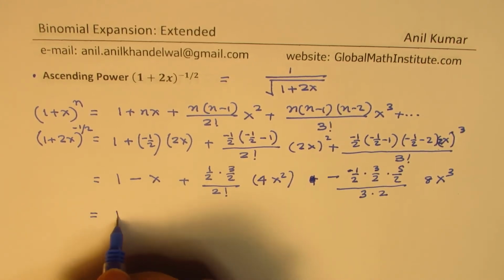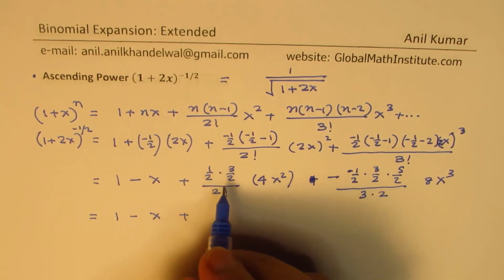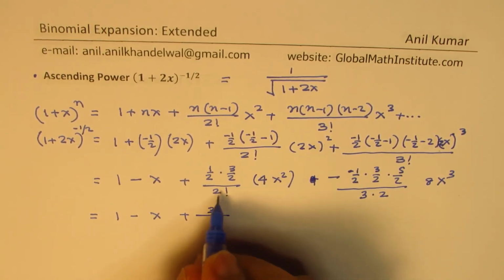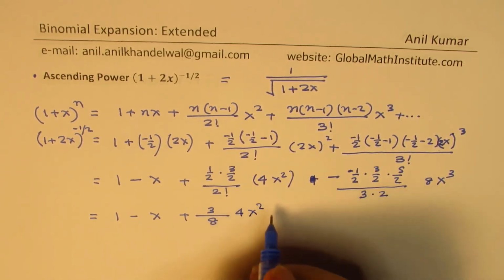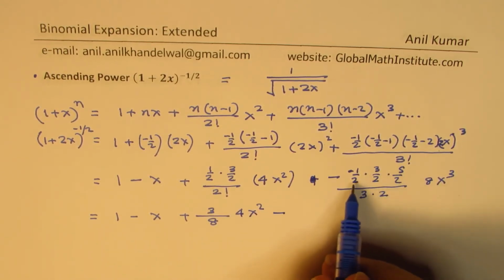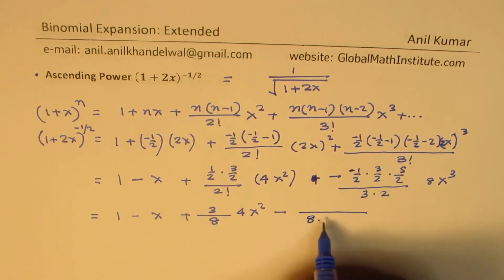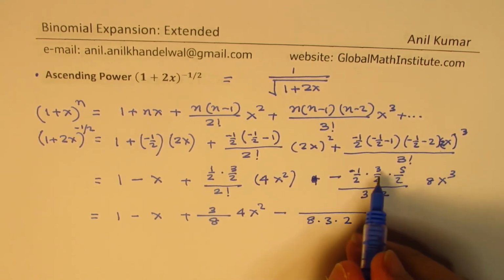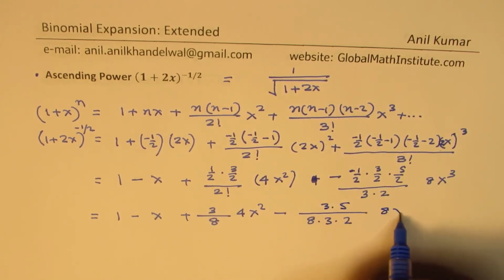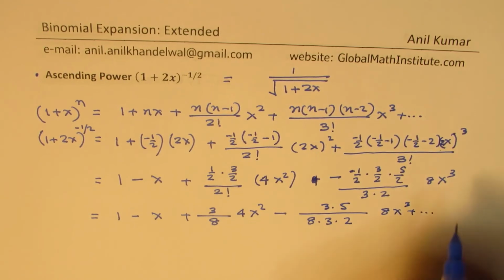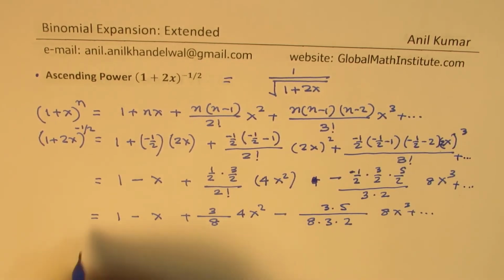Now this can be written as 1 minus x, and that is 1 times 3 is 3 over 8 times 4x squared. We'll simplify this now. Minus, so these are 8, right? So you can write this in the denominator, 8 times 3 times 2. The numerator here is 3 times 5, and we have 8x cubed plus more terms, right? It is definitely an infinite series, right?